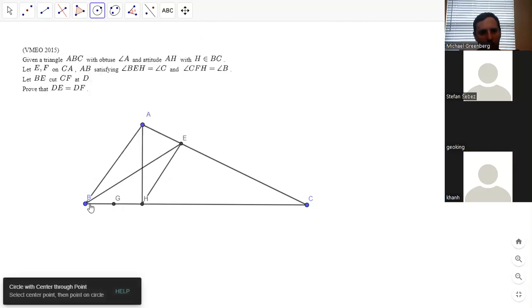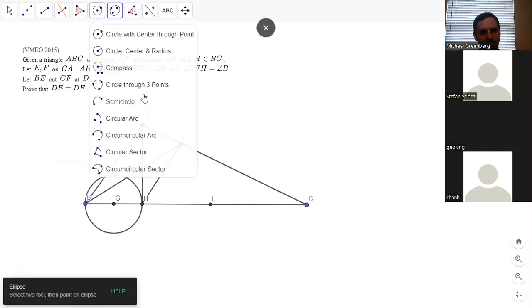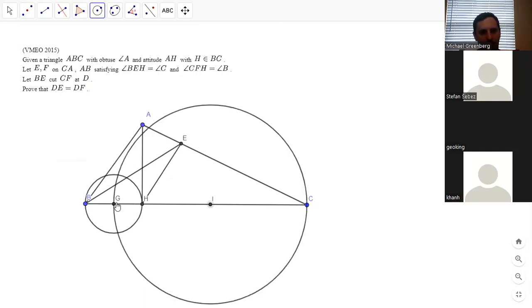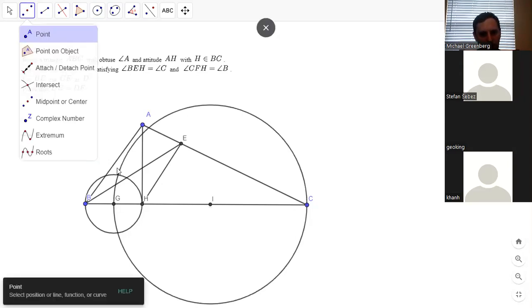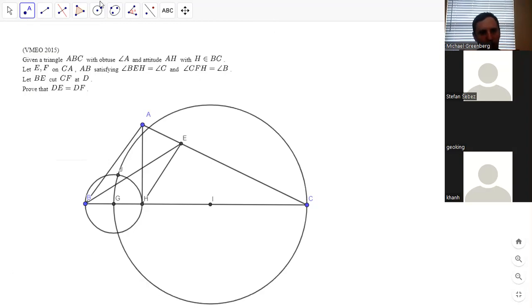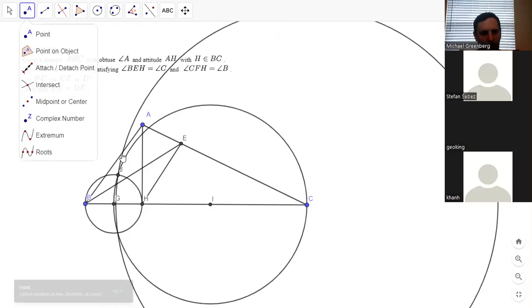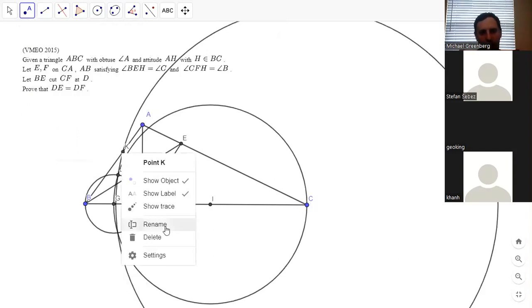I want to draw the circle through C that's orthogonal to that circle. So I want to draw the circle centered at C through point J, and that will meet this at point F. And then I'll have what I want.